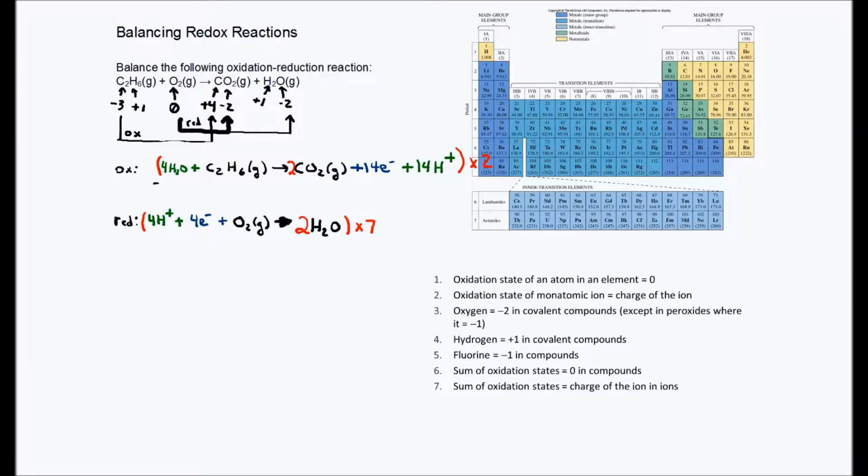All right. So, doing all that, multiplying the first reaction, everything by 2, I get 8 H2O plus 2 C2H6 gas forms 4 CO2 gas plus 28 electrons plus 28 H+.